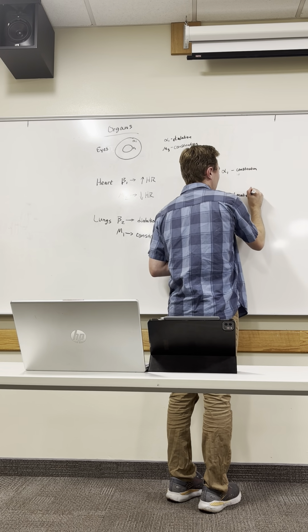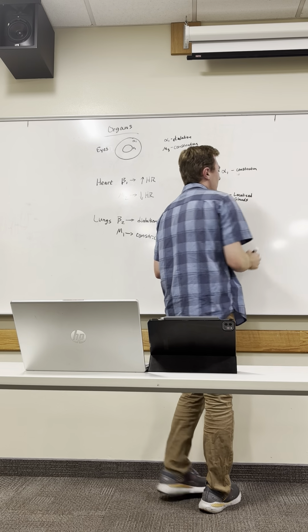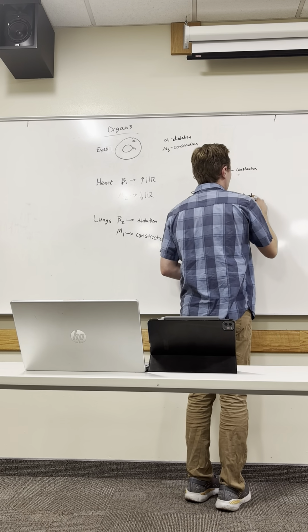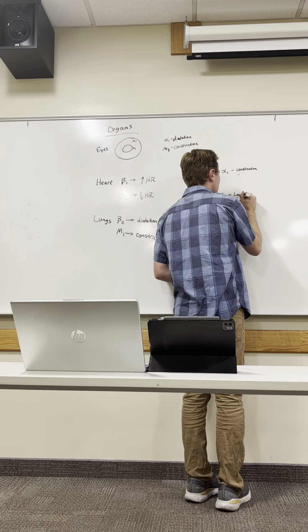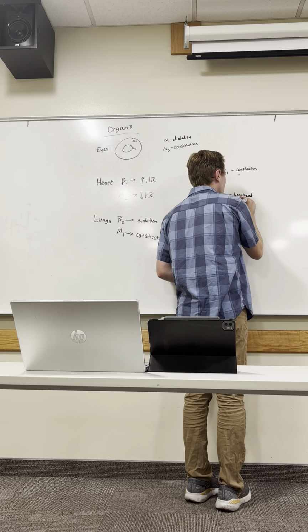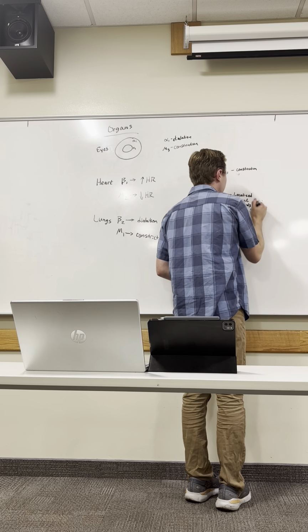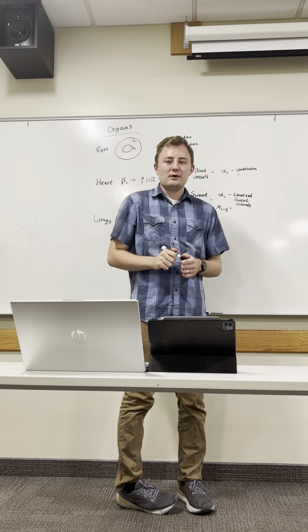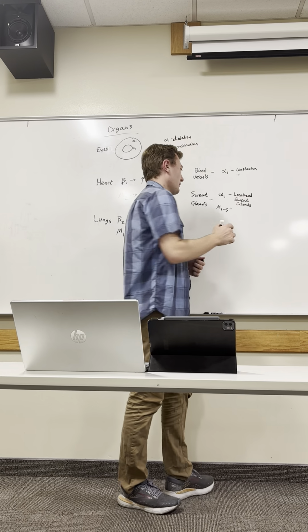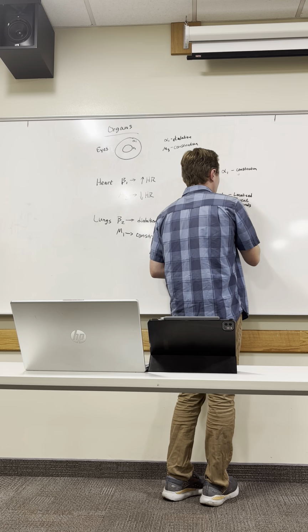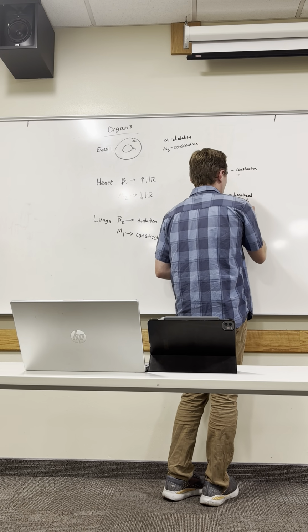So this is going to be in your armpits, your hands, your feet, your groin. Localized sweat glands are here. Alpha 1 receptors are in localized sweat glands, and M1 through M5 are going to be targeting those general sweat glands.